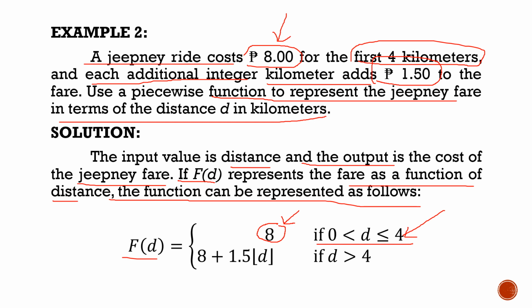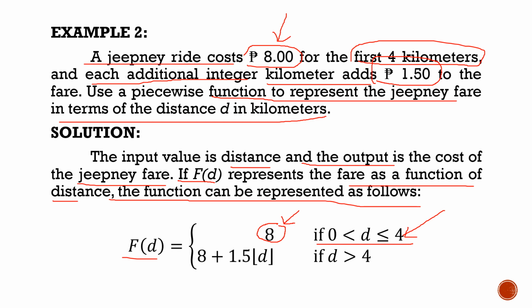There is a fixed value here, which is 8 only for the first 4 kilometers, so the value of d should fall between 0 and 4. The maximum value is 4, or it can fall in between 0 and 4.